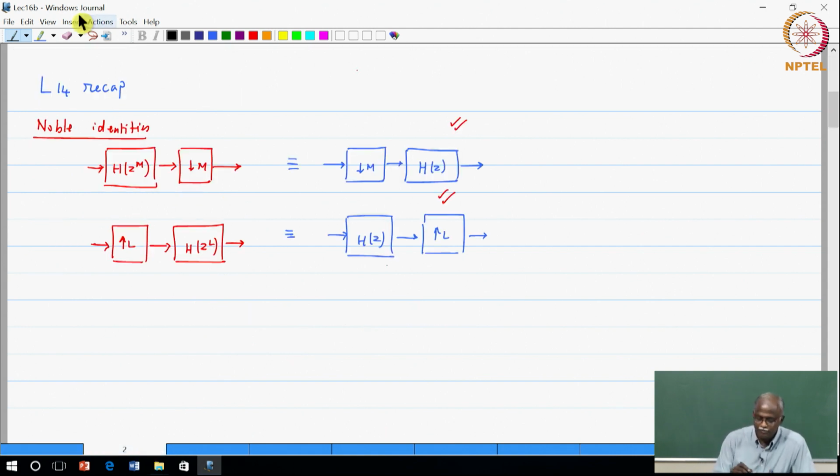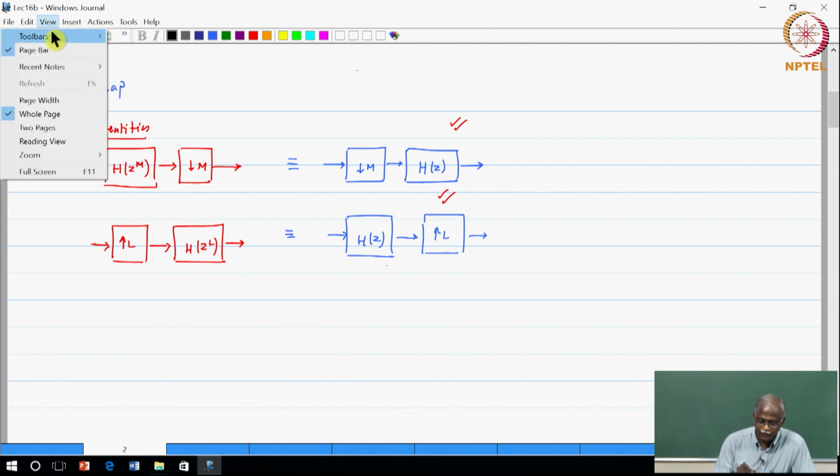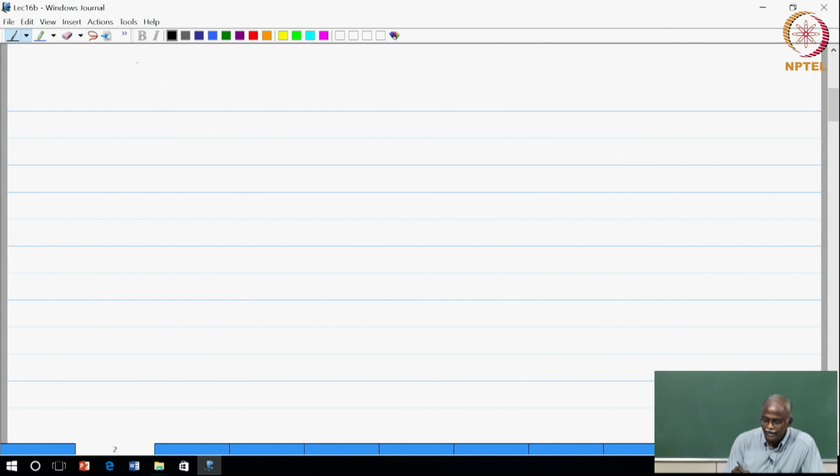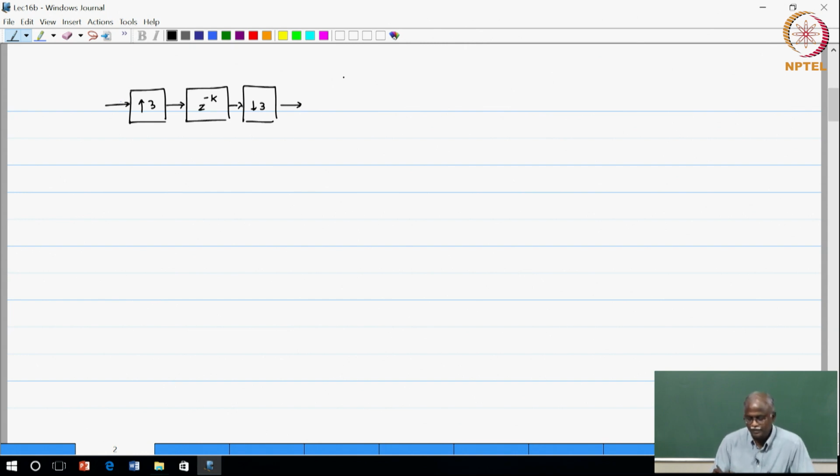So let me start with a quick question so that you can think about it and give me an answer. Suppose I have the following setup. I have upsampling by a factor of 3, a delay z power minus k, and downsampling by a factor of 3, where k can be 0, 1 or 2.